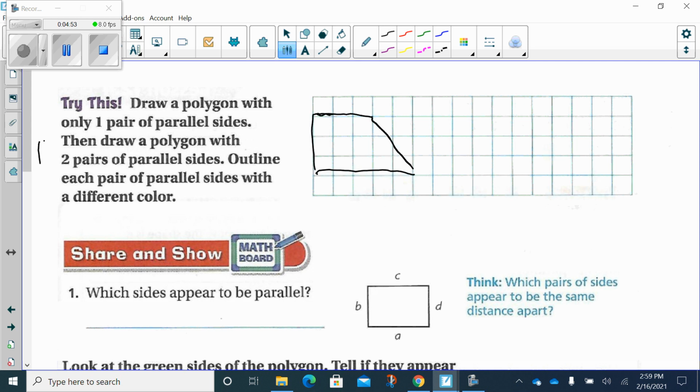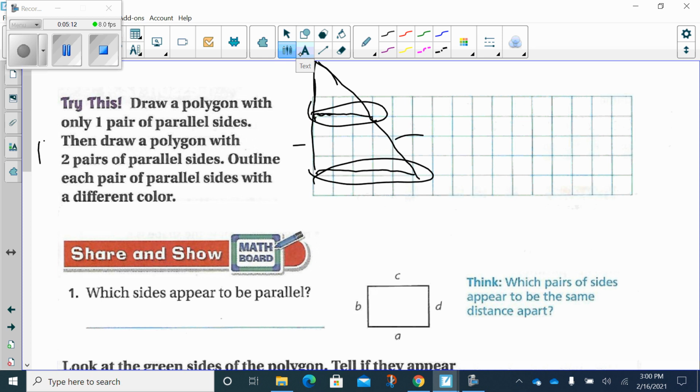Now, do you see how these two lines right here are parallel, but these two are not? These will eventually be intersecting. If they go on forever, they would eventually intersect.